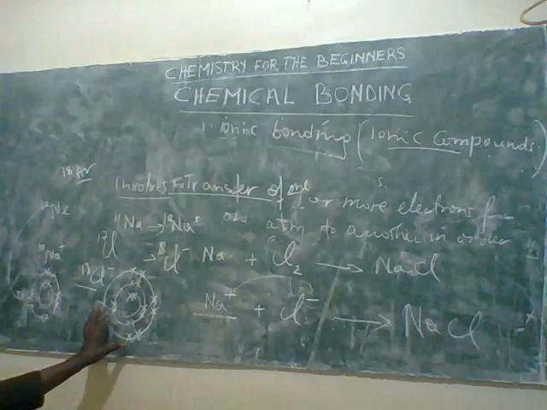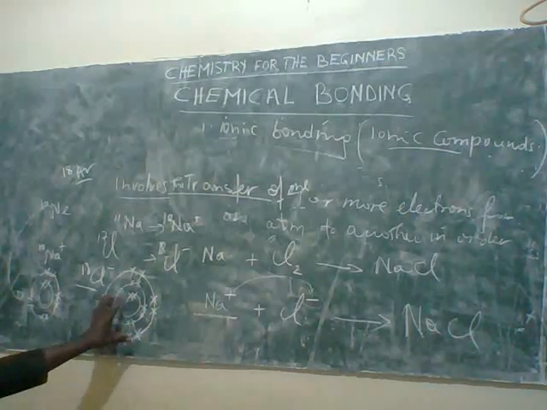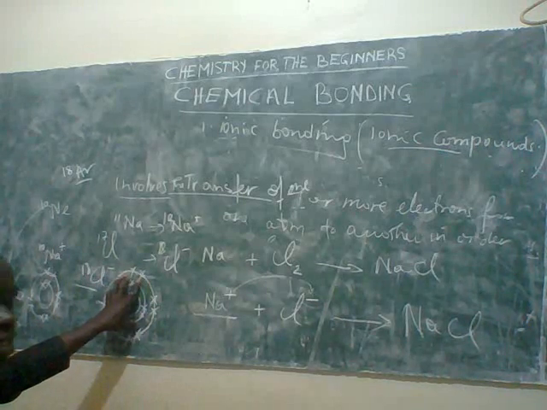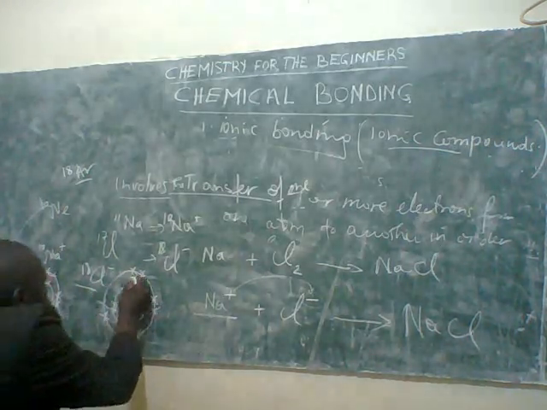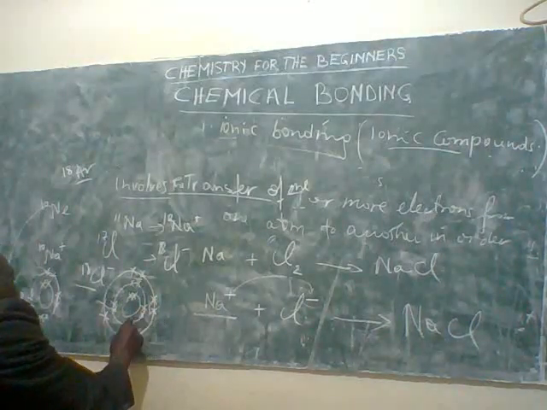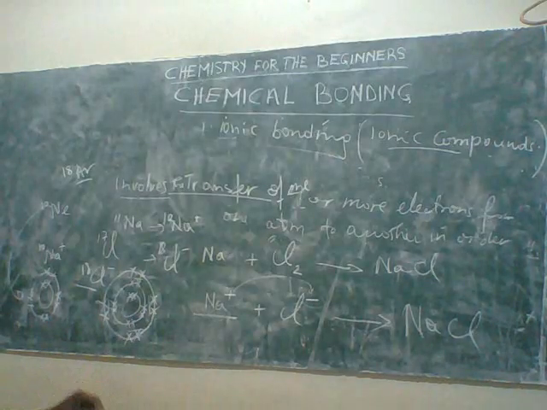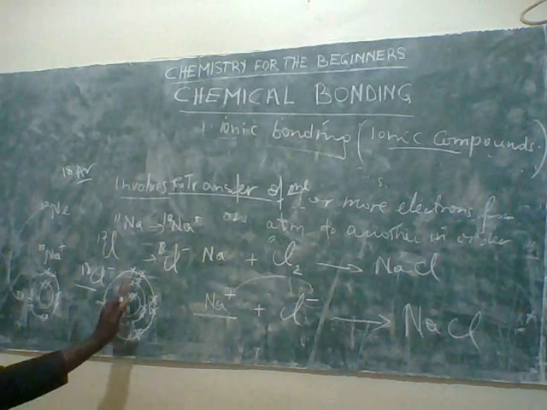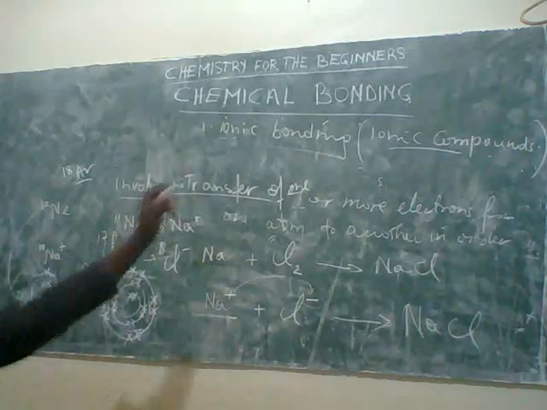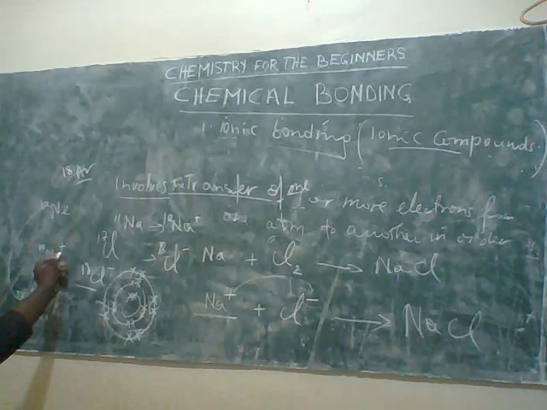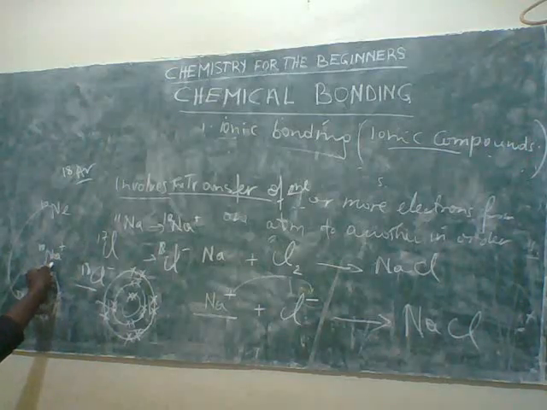And also it has gained a stable electronic configuration, as we are seeing here, because in its outermost shell it has only pairs: 2, 2, 2. So this is a type of ionic bonding, because there was a transfer of electrons from one atom to another atom.